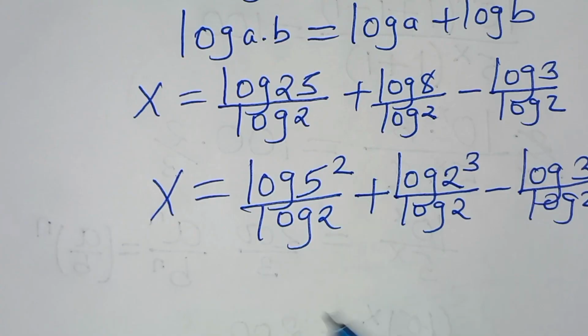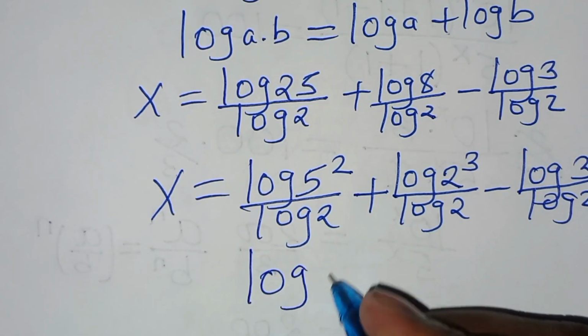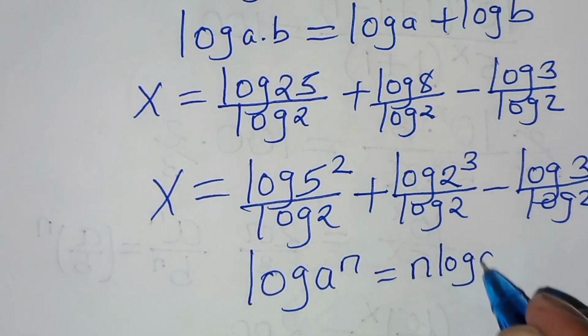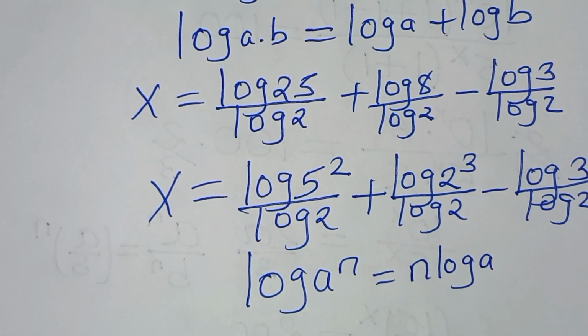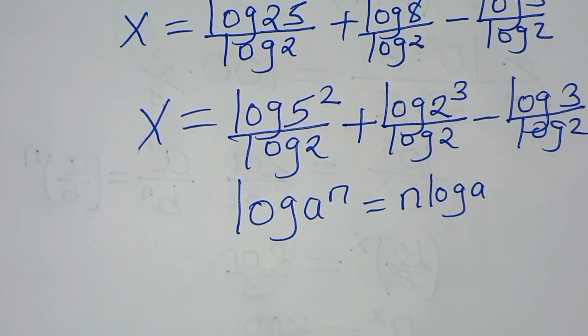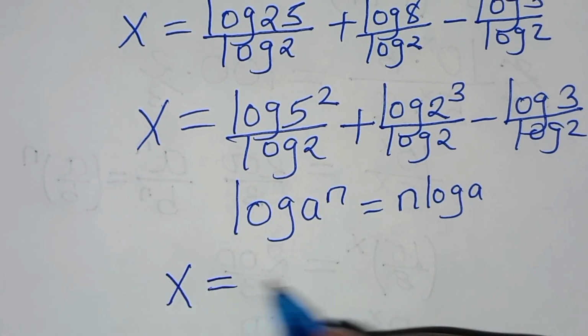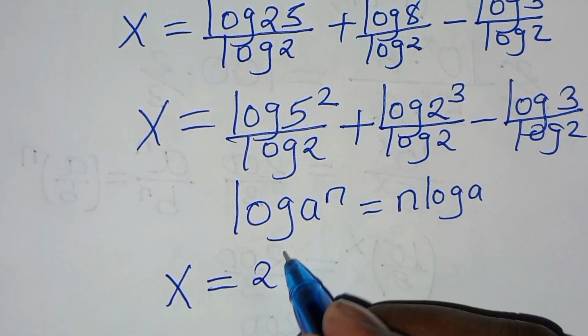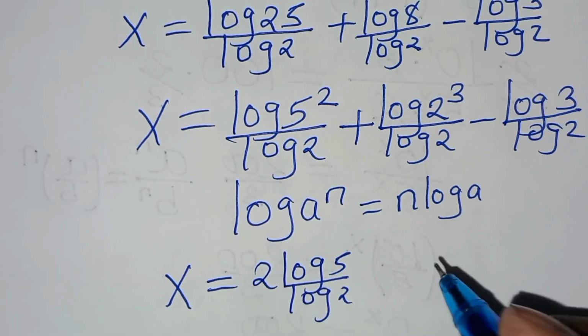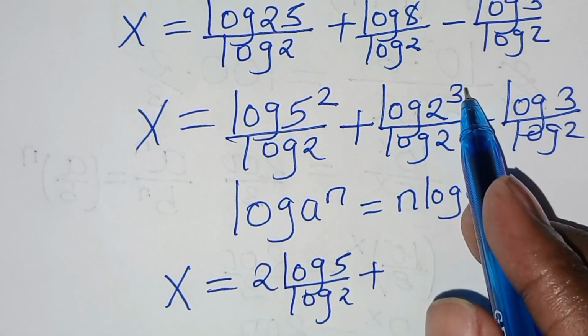So log 5 to the power 2, we say this is in the form of log a to the power n, which we can express as n log a. So applying this power rule property, then we'll have x equal to 2 log 5 divided by log 2, then plus log 2 to the power 3.